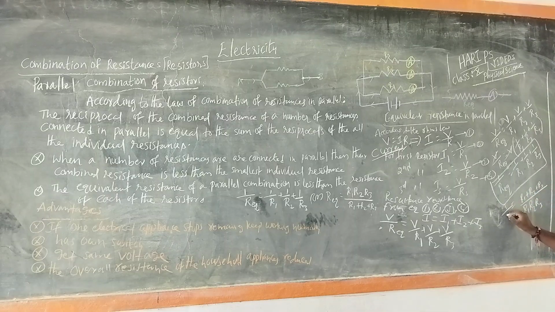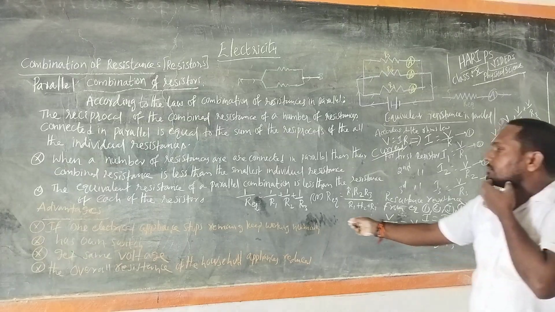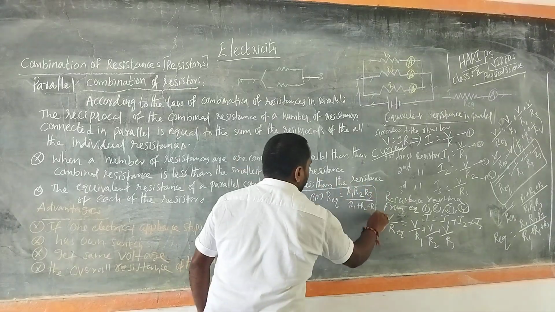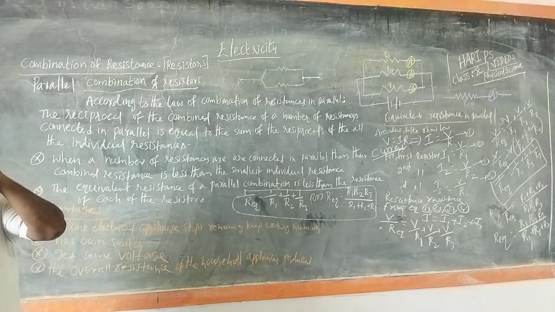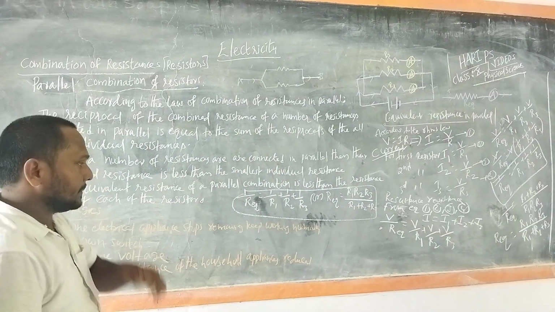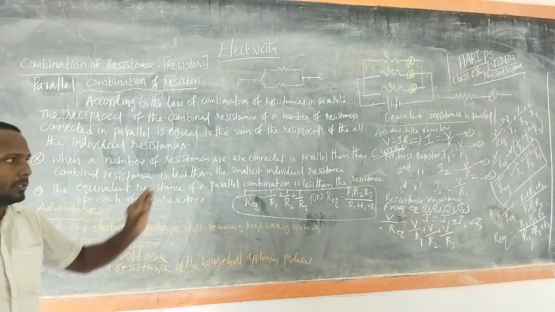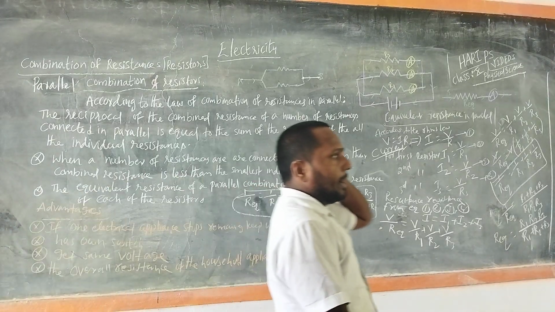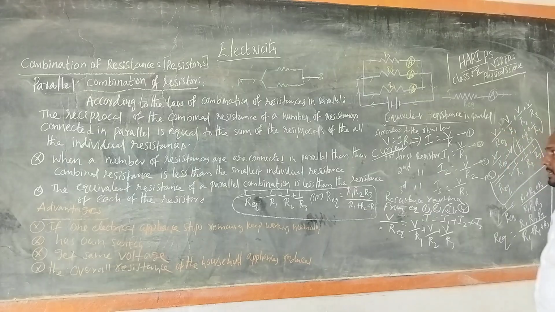So this is the reciprocal of Req. Then we can write R equivalent is equal to R1, R2, R3 by R1 plus R2 plus R3. So we get this. This is about the parallel combination of resistors.